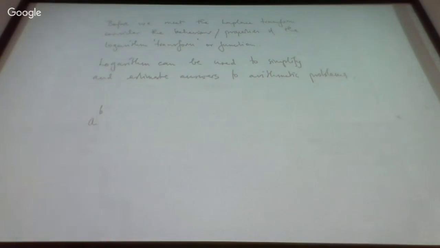So suppose you wanted to work out a power like this, a to some power b. Or you wanted to work out, say, a multiplied by b, a product. Well, for the moment, we think of these as hard problems. Okay?